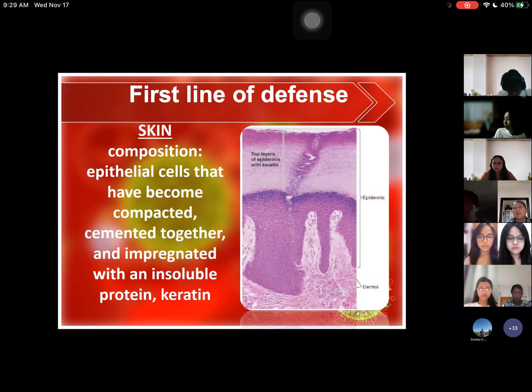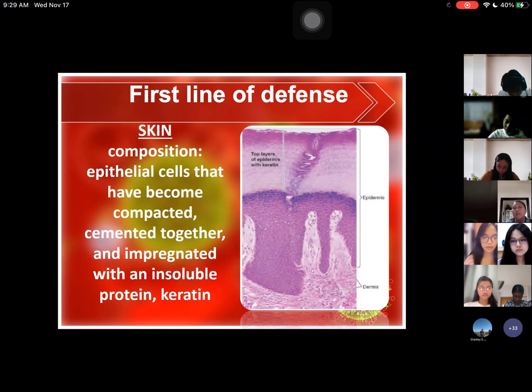First is our skin. We know that our skin is composed of epithelial cells that have become compacted, cemented together, and impregnated with an insoluble protein, the keratin.